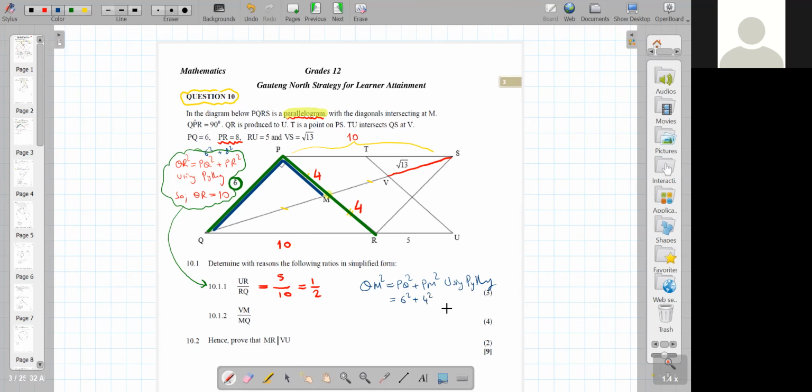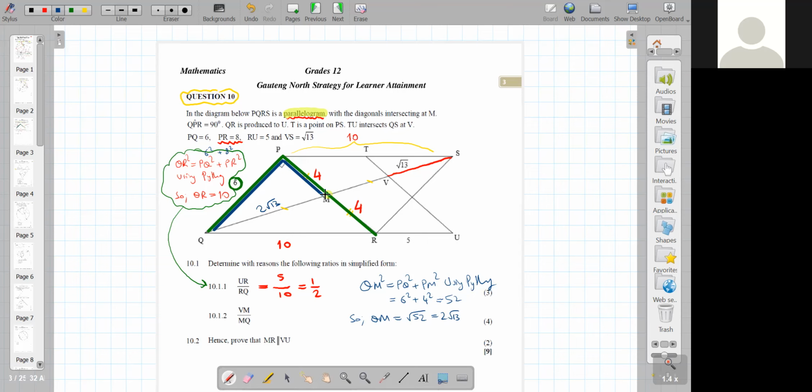That's what? 36 and 16, which is 52. So what is root 52? QM is root 52, which is 2 root 13. Okay, so now I got QM is 2 root 13.